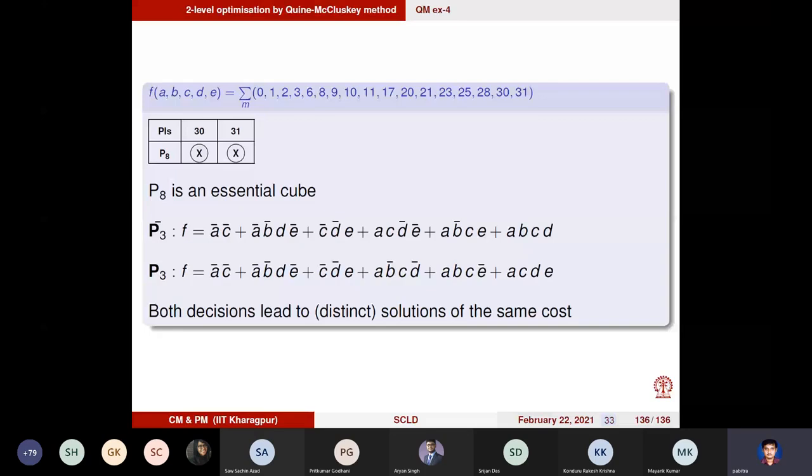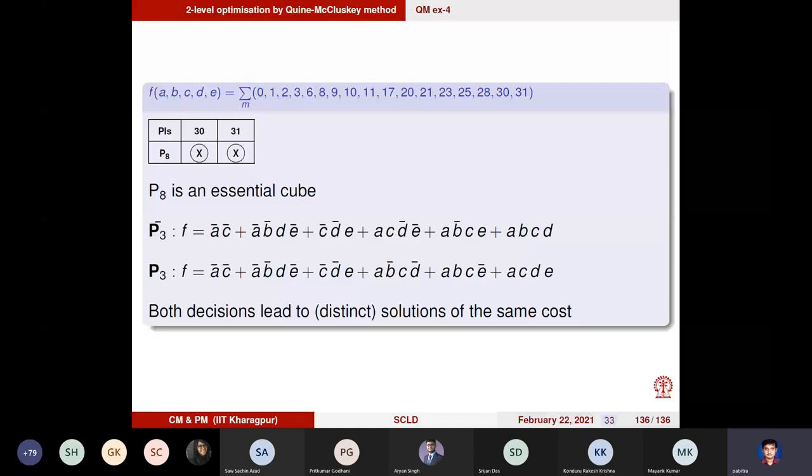This optimization problem has to be solved by standard search methods. You have to find out a reduced set of prime implicants. You have to try out exhaustively.